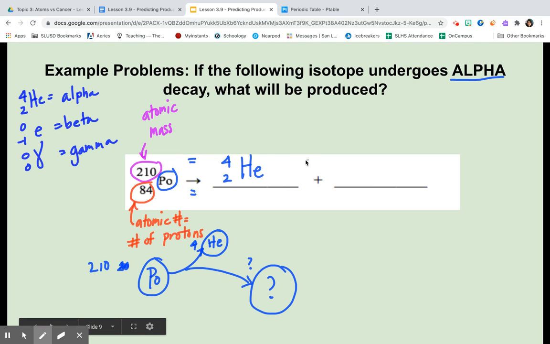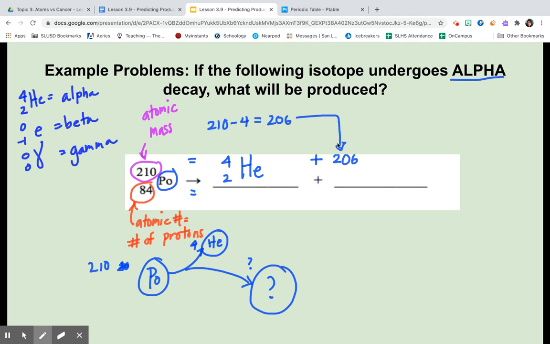So 4 plus what will be 210? Well, I can think, oh, 206 plus 4 will give me 210. If I wasn't able to figure that out in my head, I can do this in reverse. So 210 minus 4 will be 206.